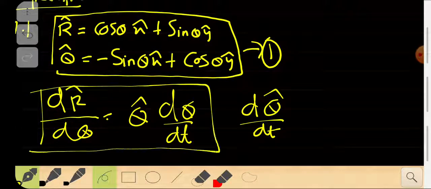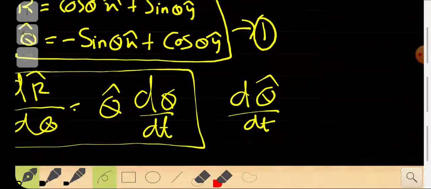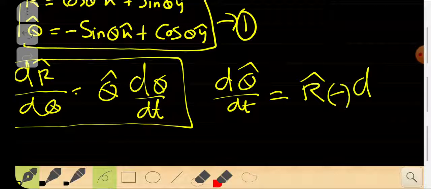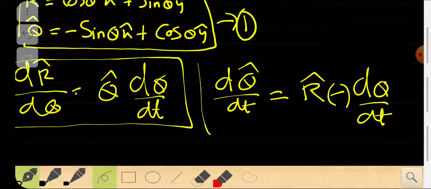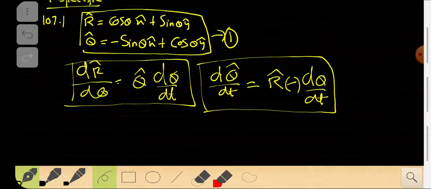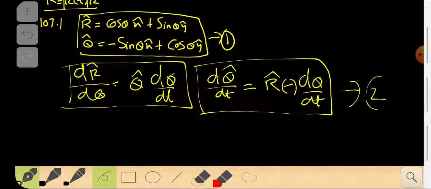In the r cap direction it transforms like this, and in the theta cap direction the unit vector transforms as minus d theta by dt in the r cap direction. These two were things that we found out. Let's call this equation 2 as well.